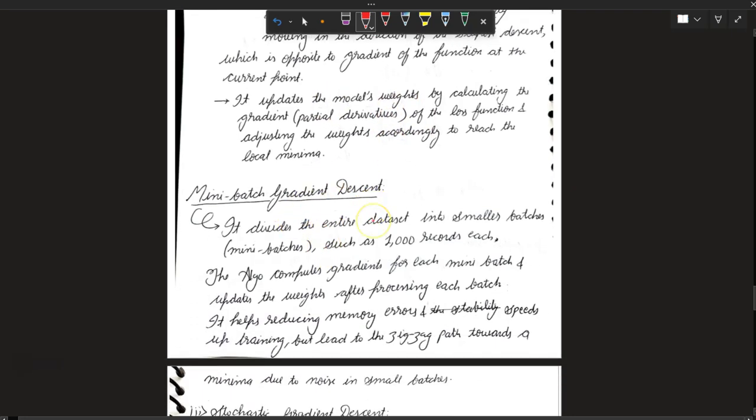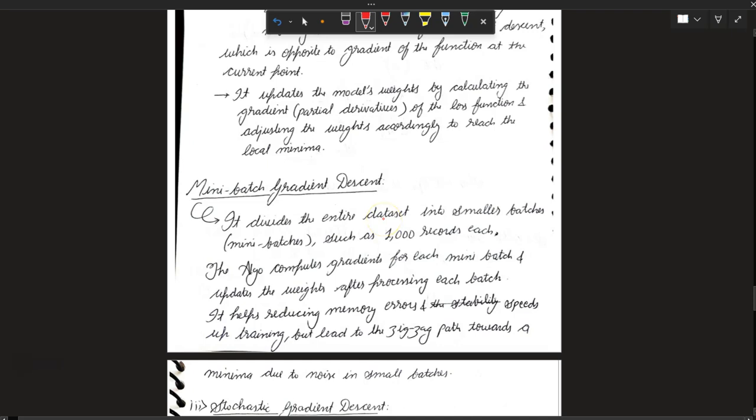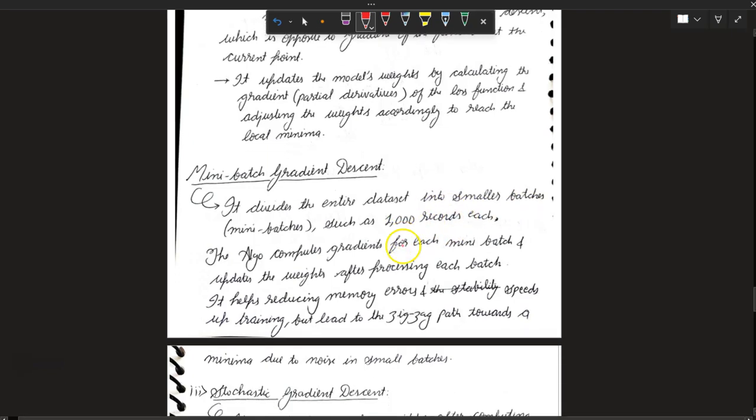Now the second is mini batch gradient descent. It divides the entire data set. The name itself suggests it's a mini batch. Whatever the data set is, we divide it into, say, 1000 records each, into multiple batches. Then the algorithm computes the gradient of each mini batch and updates the weights after processing each batch.